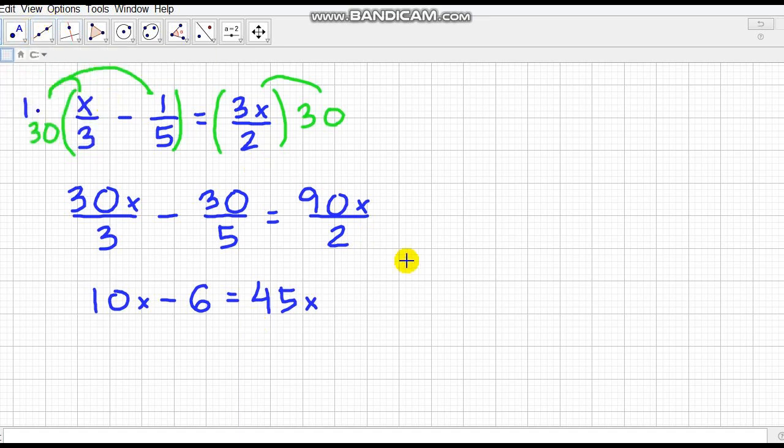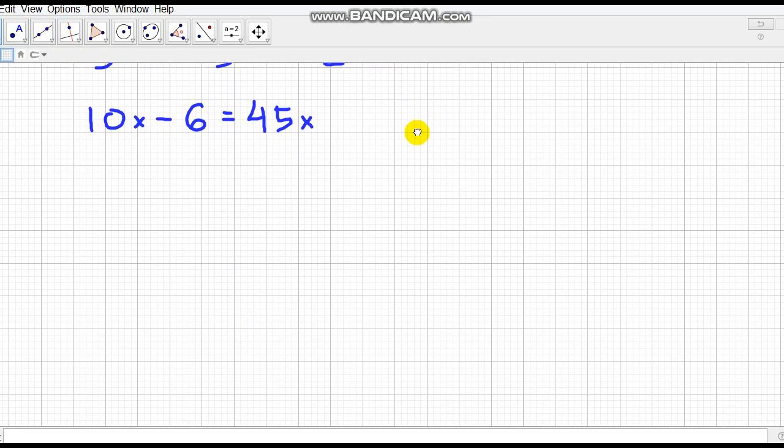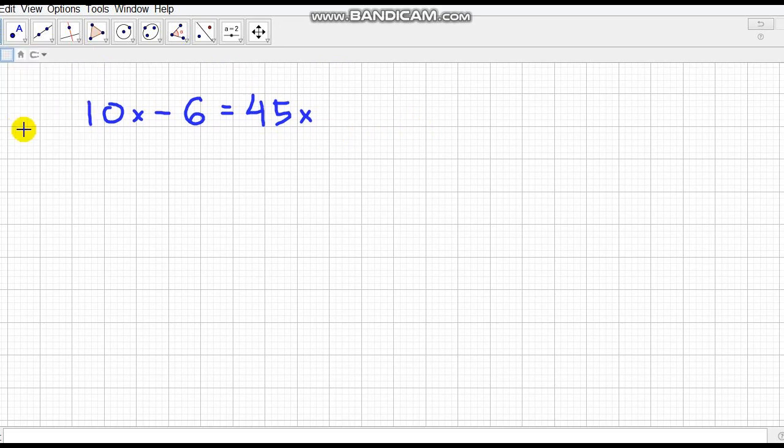Now, let's have this one. 10x minus 6 is equal to 45x. So let's isolate the terms with x and those without. Let's put all the terms with x on the left side and those without x on the right side. So let's transpose the 45x to the other side. So this becomes 10x minus 45x is equal to, the negative 6 becomes positive on the other side, 6.